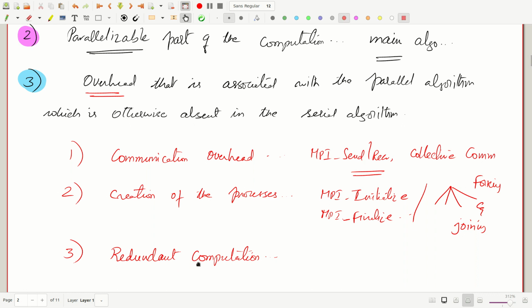For example, let's say you have to calculate a local h, the step size h in the context of our trapezoidal rule, which needs to be computed in every process. So this is a redundant computation, though part of it is even done in parallel. Okay, so that could add some overhead in the parallel algorithm.